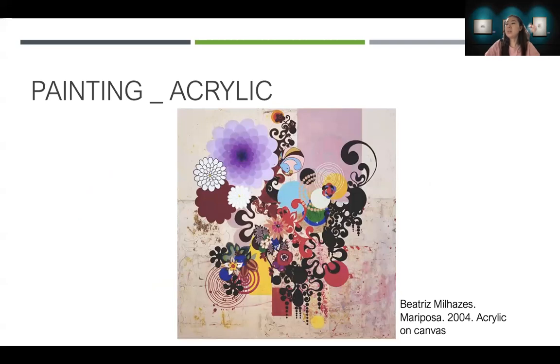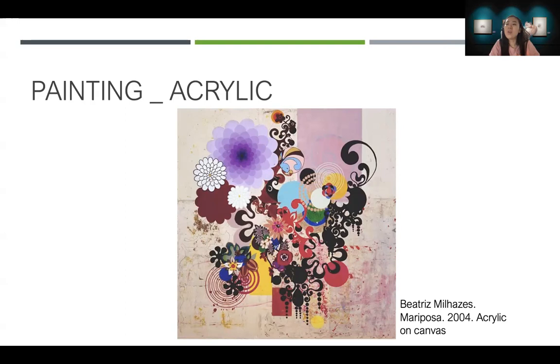So let's look at this painting as an example. Many contemporary artists use acrylic because it doesn't need a special vehicle or binder to use. It can make oil paint and watercolor effects by water's concentration. When you use a small amount of water, you can make an oil paint effect.